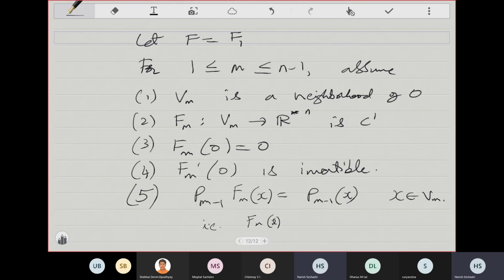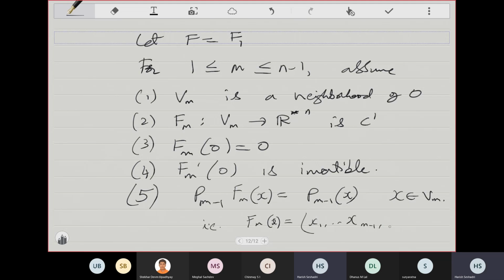It just says that Fm x is of the form: if you look at the first m minus 1 coordinates, the first m minus 1 component functions which make up Fm, it's just the standard ones for the identity. So this is x1, ..., x(m minus 1).